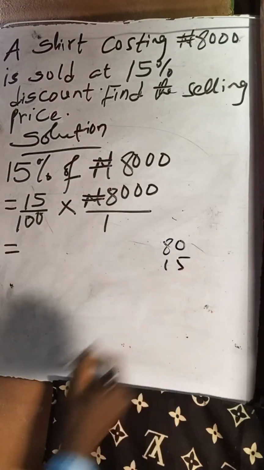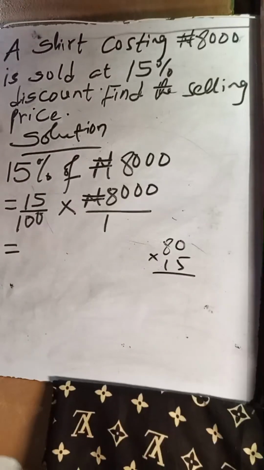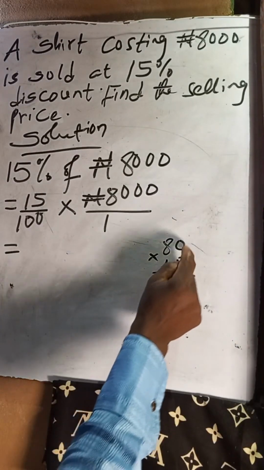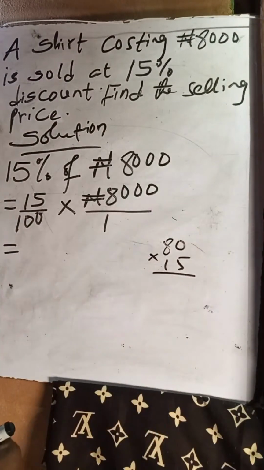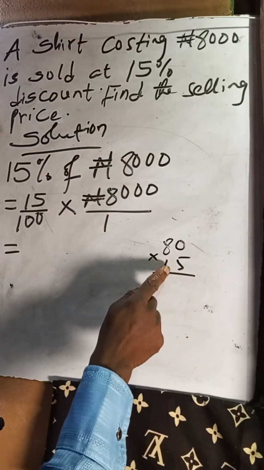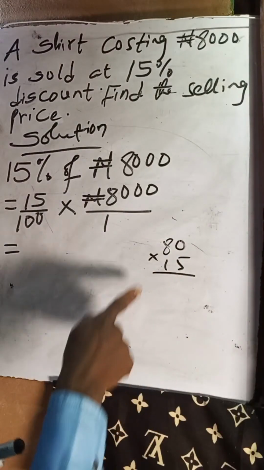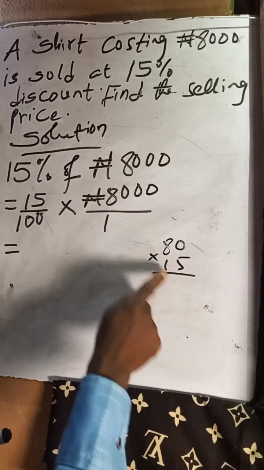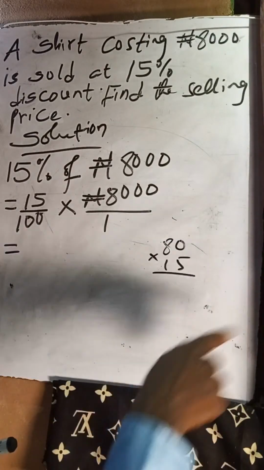Let's just do it the normal way. Since this is 0, as a student of examination, don't use the 0, just use only 8. And at the end, you put 0 at the answer.